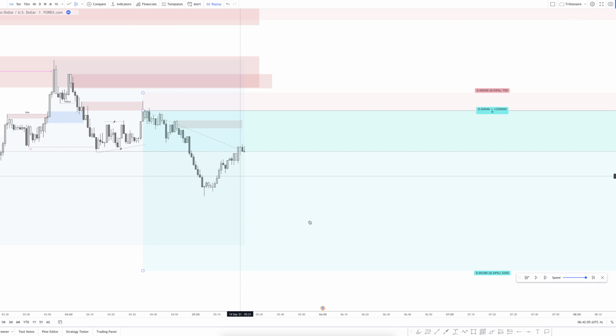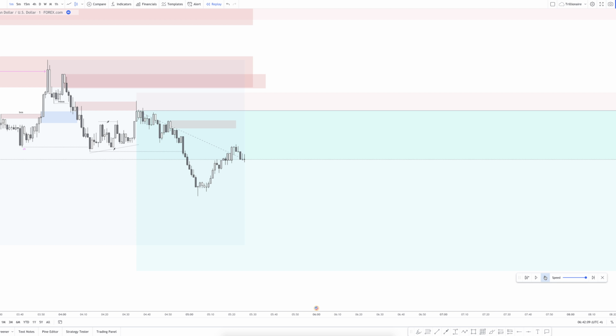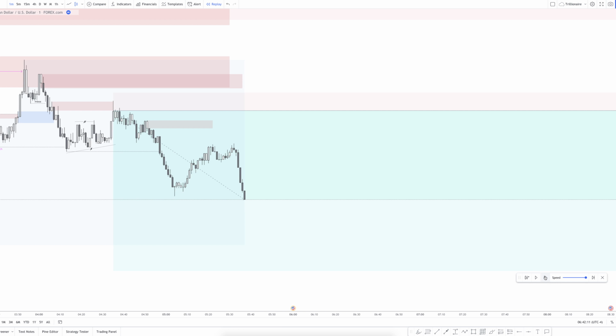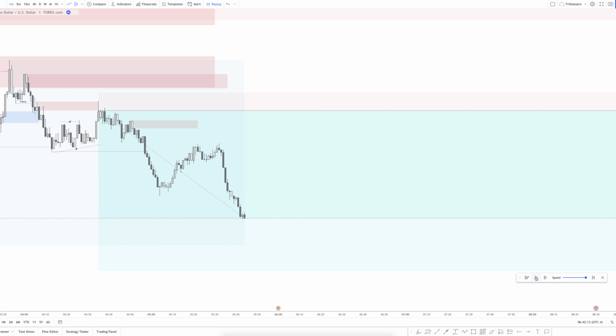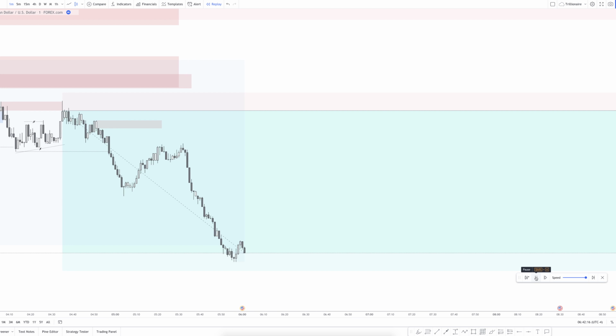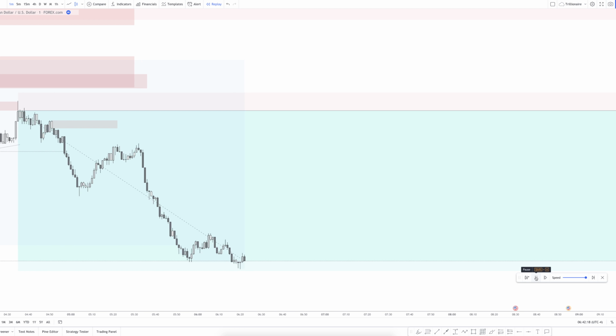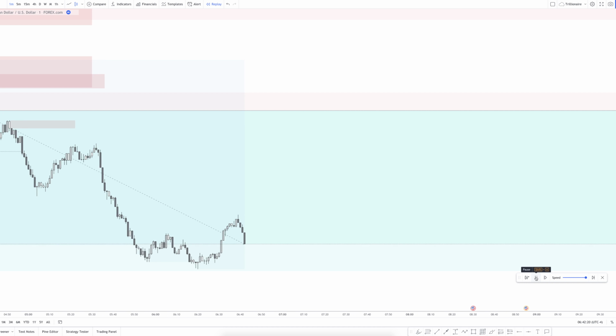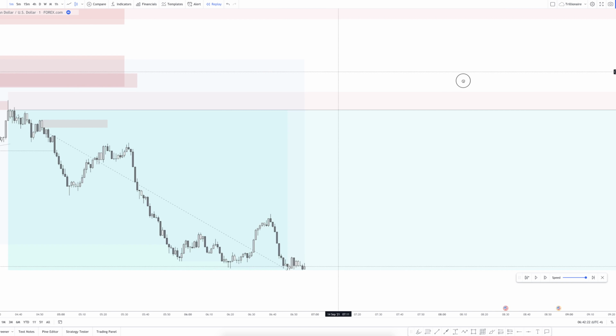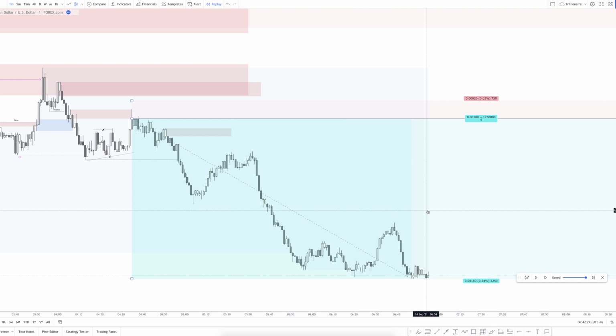I would say this area here. Does price come back? It doesn't look like price comes back. And then we finally get tagged. So, you were in this trade for a couple of hours.